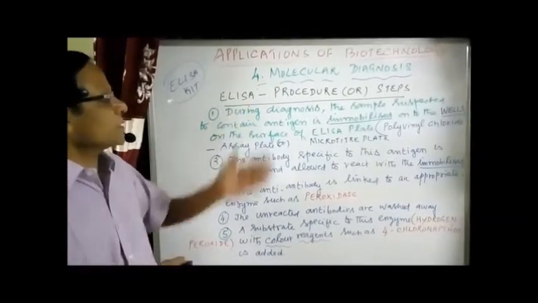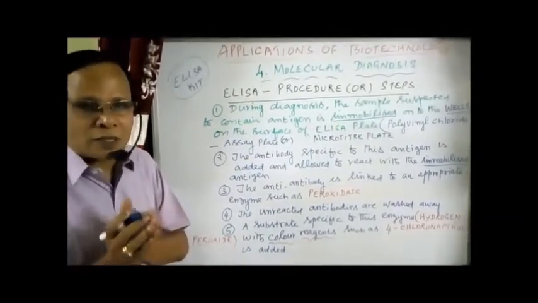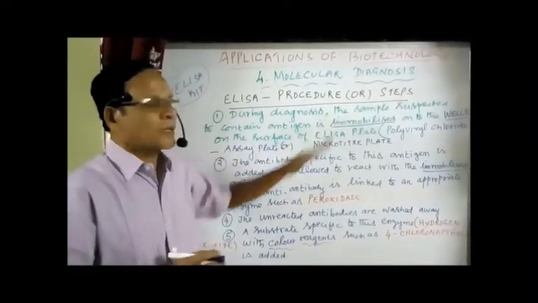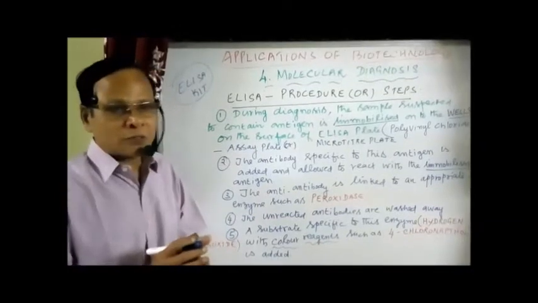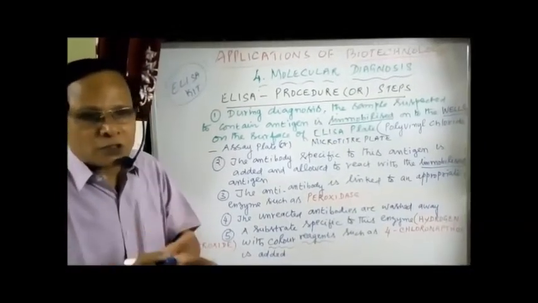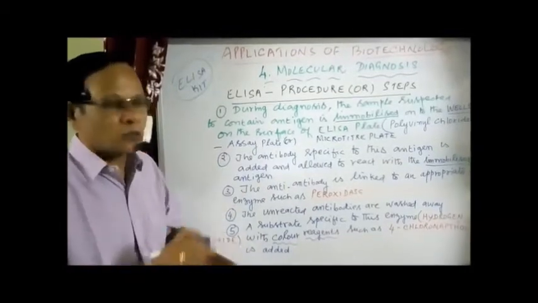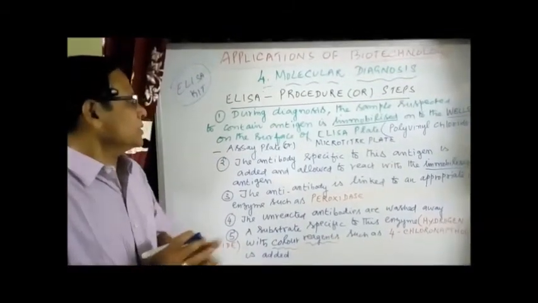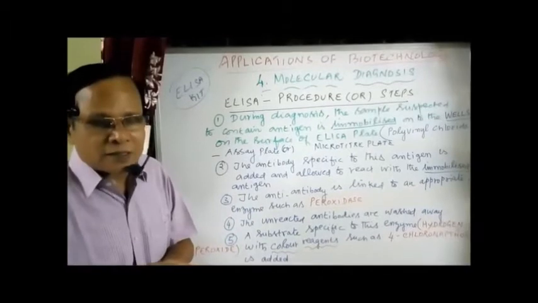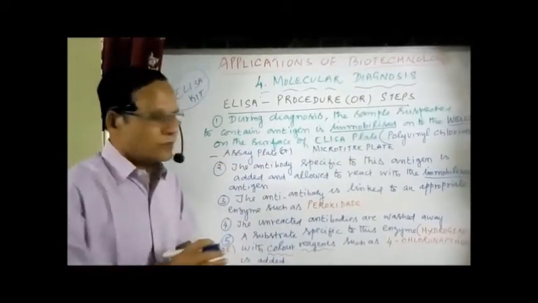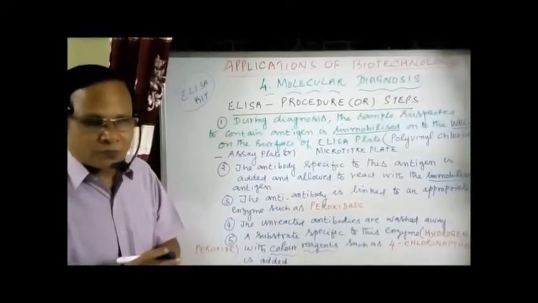So during diagnosis, the sample suspected to contain antigen is immobilized onto the wells. Immobilized means attached, not able to move. It is stuck onto the surface of a coated well. It is added to the wells along with a buffer solution.